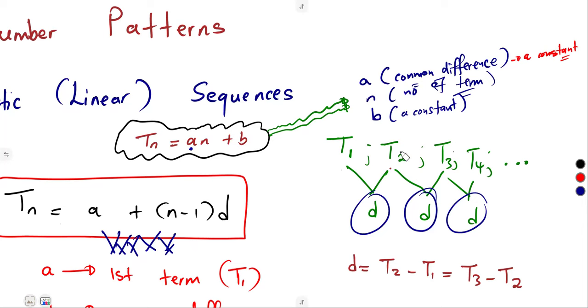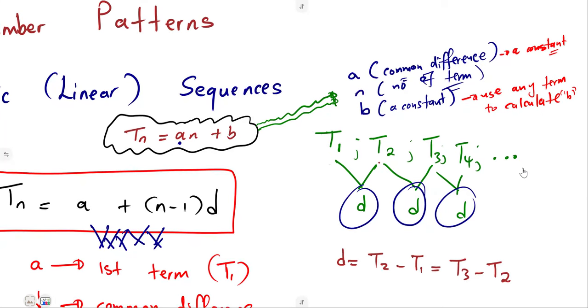Remember how we calculated this from grade 9. You can use any combination or any term to calculate b. So to calculate b, we are going to use any term.